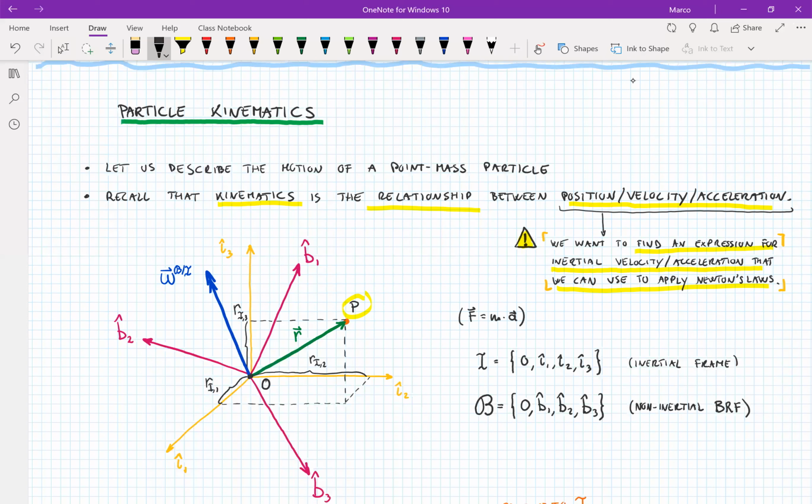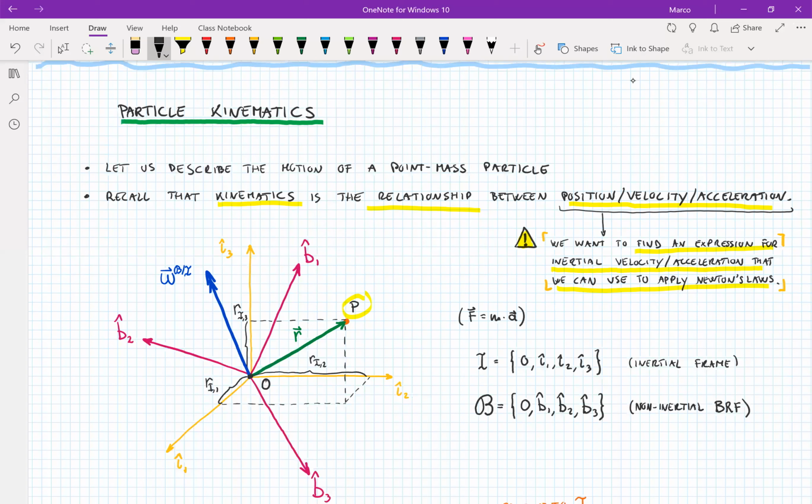So now we have to find a way to express this inertial acceleration given an inertial frame of reference, a body frame of reference, and well, let's see how it's done.